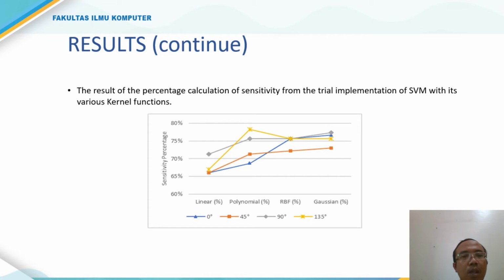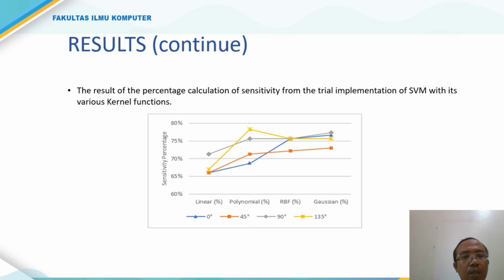Based on the figure, it can be seen that the sensitivity value tends to be higher in the polynomial kernel in the direction of 135 degrees, while the values in the direction of 90 degrees, 45 degrees, and 0 degrees tend to be lower.